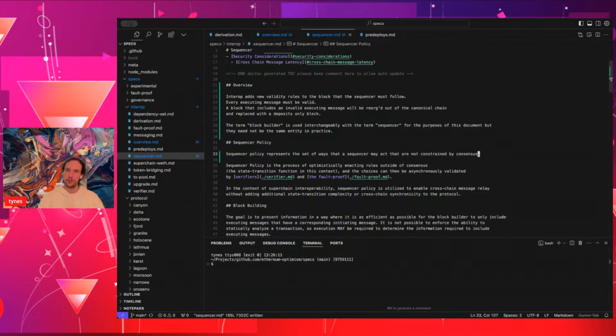What is an example of a policy? It's like the P2P limit on the size of transactions. You can include a transaction arbitrarily large, up to the block gas size limit.